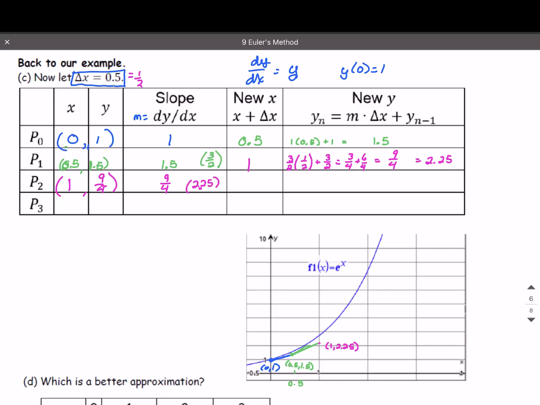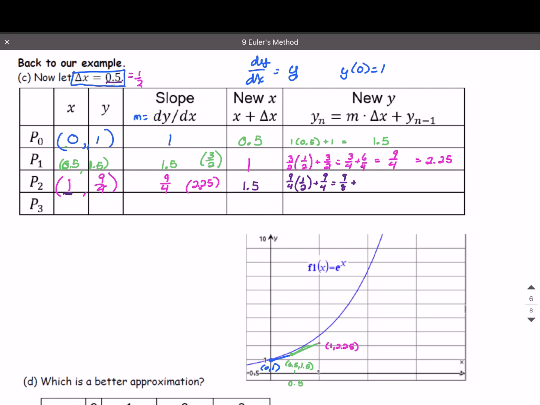Now our new x, we're going to take the old x 1 and add 0.5, so that's 1.5. Our new y value, we take our slope, which is 9/4, times delta x, which is 1/2, plus the y value was 9/4. So 9/4 times 1/2 is 9/8.